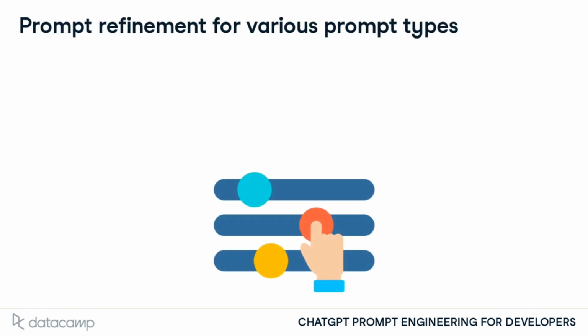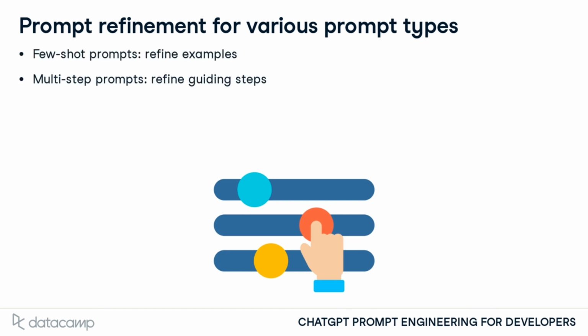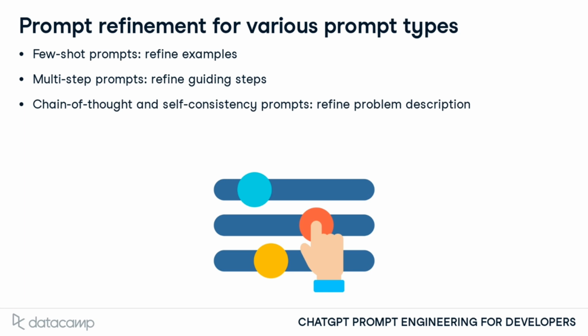Prompt refinement applies to all prompt types. We refine examples in few-shot prompts, guiding steps in multi-step prompts, and problem descriptions in chain of thought and self-consistency prompts. The model may generate incorrect responses due to a lack of domain knowledge, which we will address in later chapters.